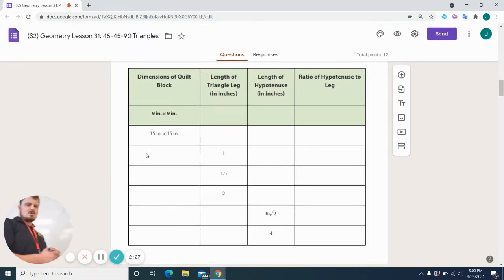So let's do the first line. So if it's 9 by 9, and then the length of each leg, and then the length of the hypotenuse, and then the ratio of hypotenuse to leg.